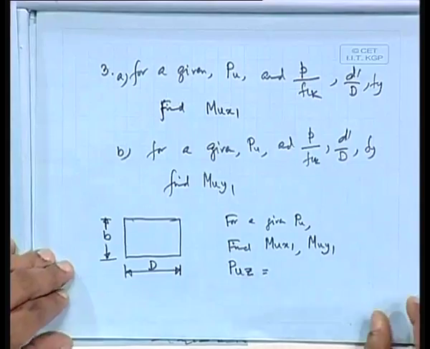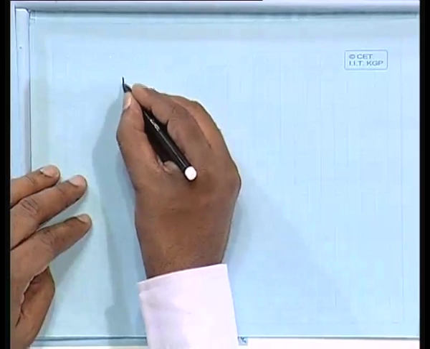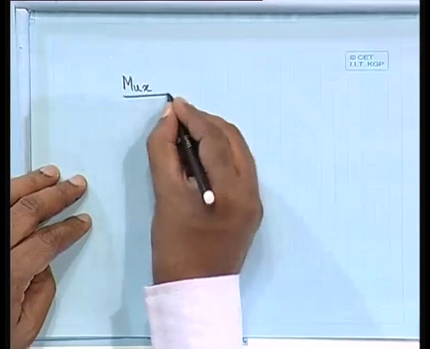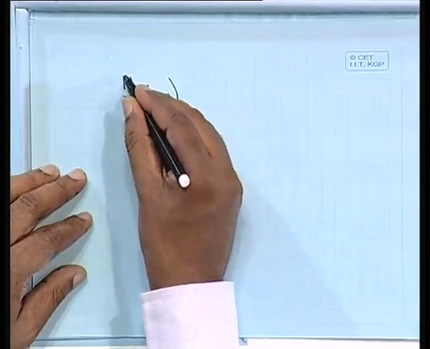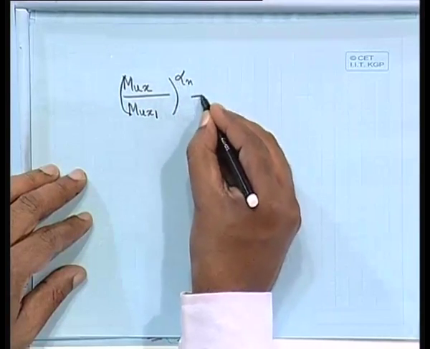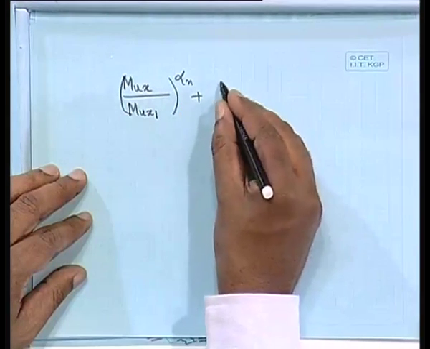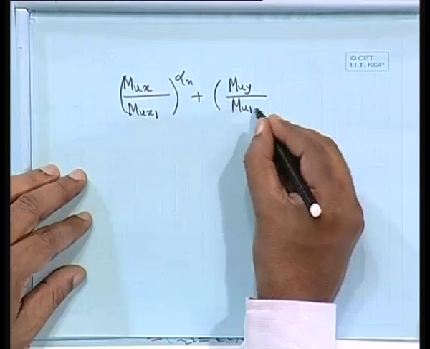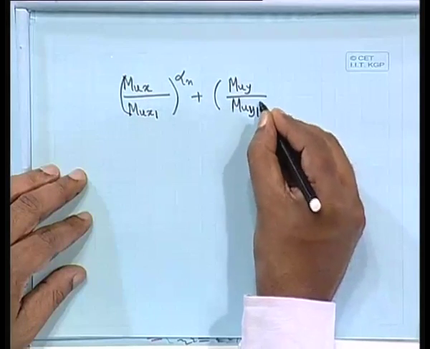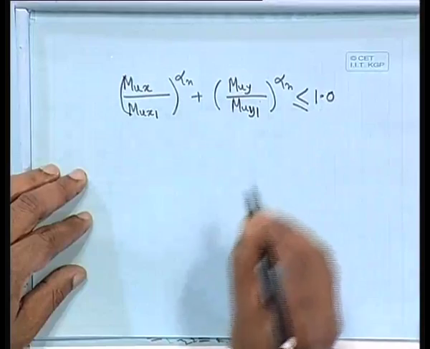So, if I get that, now I shall do a check. The check is: Mux by Mux1 to the power alpha n, plus Muy by Muy1 to the power alpha n, should be less than or equal to 1.0.